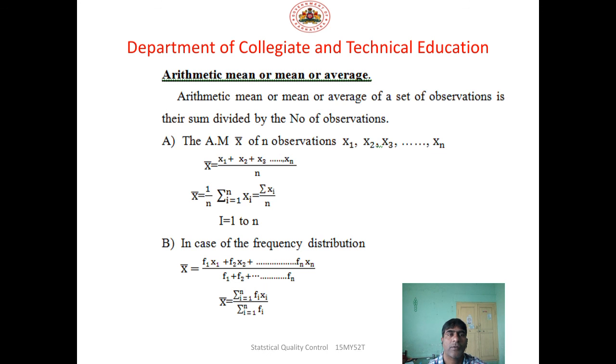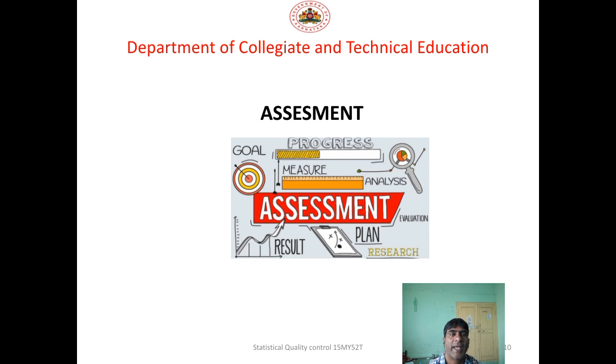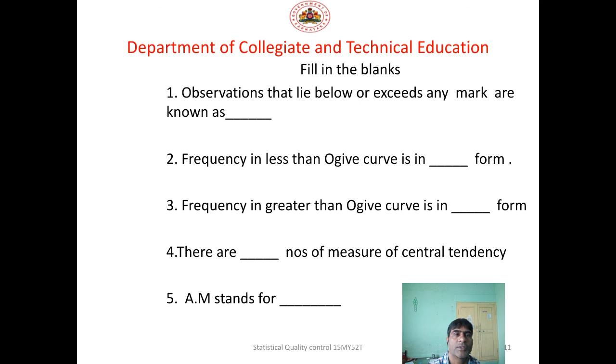So that we take in the case of frequency distribution. Okay, so we will move to the assessment of the class, to see what knowledge we have got today. First we'll begin with fill in the blanks. Students, see the first question: observations that lie below or exceed any mark are known as dash.